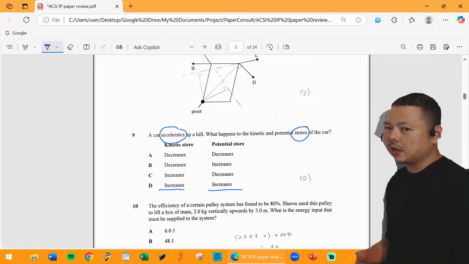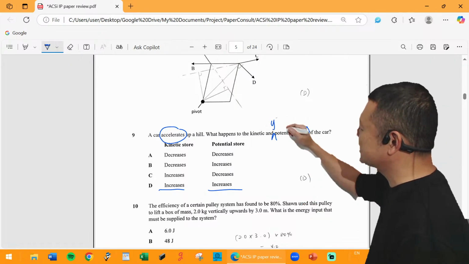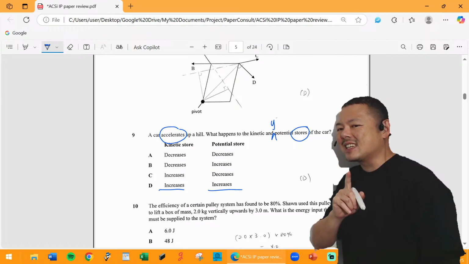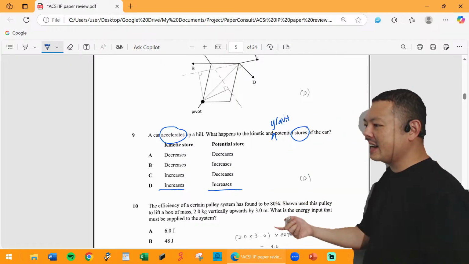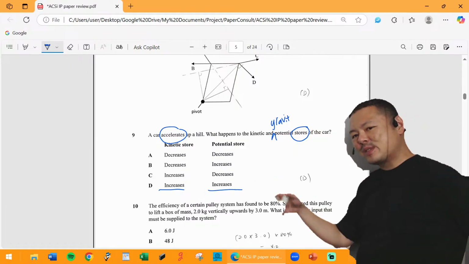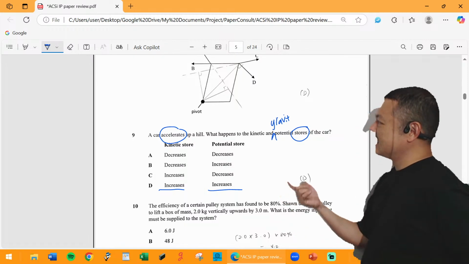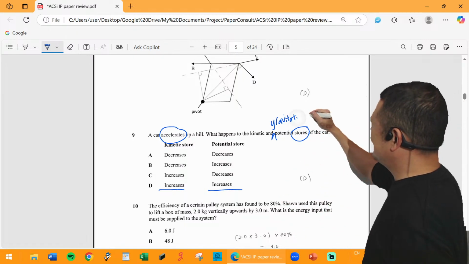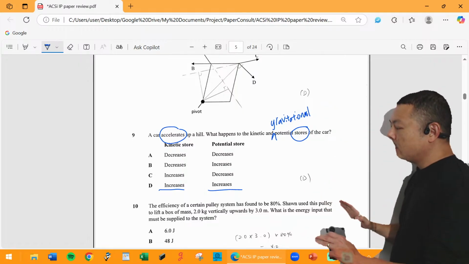What potential store? Gravitational potential store. So you have to say gravitational potential store. Because here's the thing, what happens to its chemical potential store? It decreased, right? So actually not fair, right? The teacher never specified, no? But wait, the answer is what?